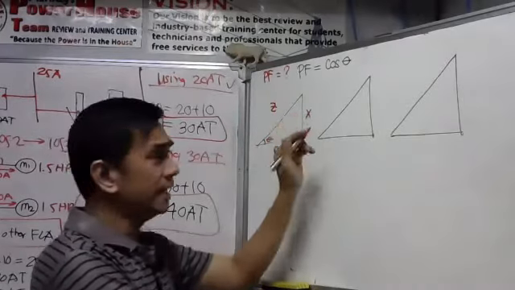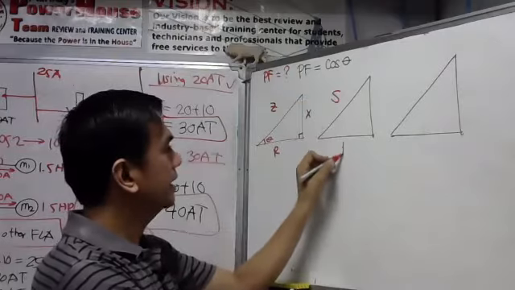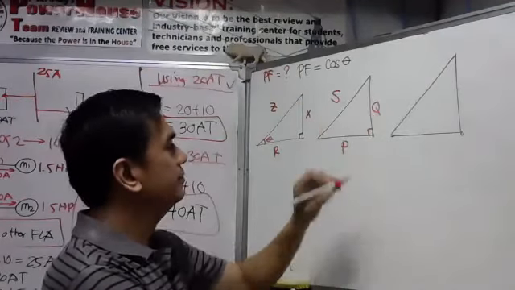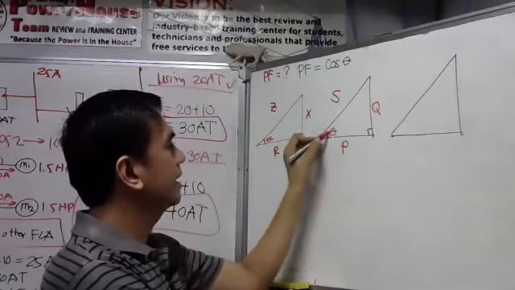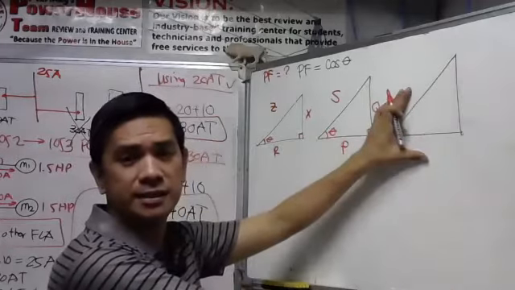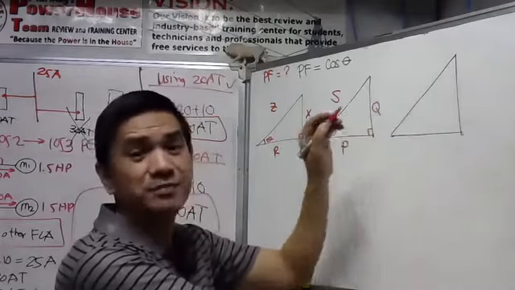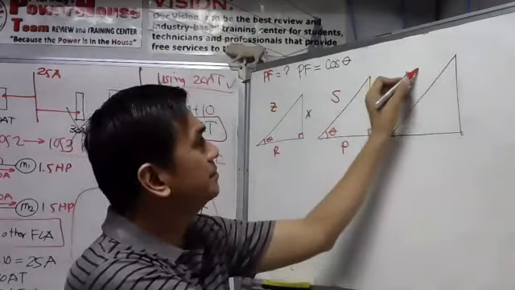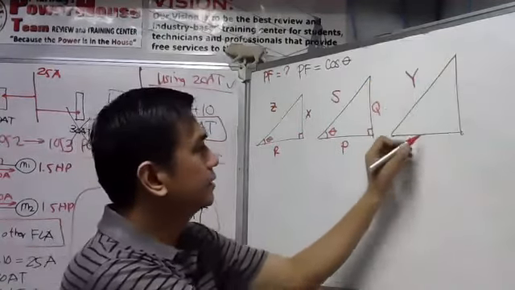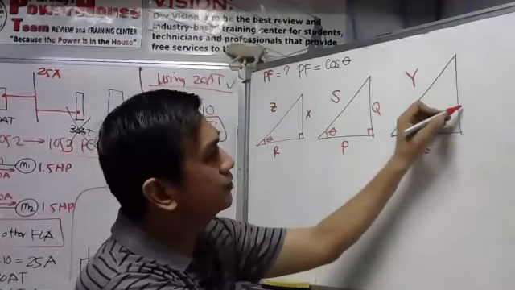In the power triangle, we have the apparent power, the real power, then we have the reactive power. Then we have another theta. And then there is another triangle in alternating current circuits. That is the admittance triangle. This is the admittance, which is the opposite of impedance. So this is the conductance and this is the susceptance.